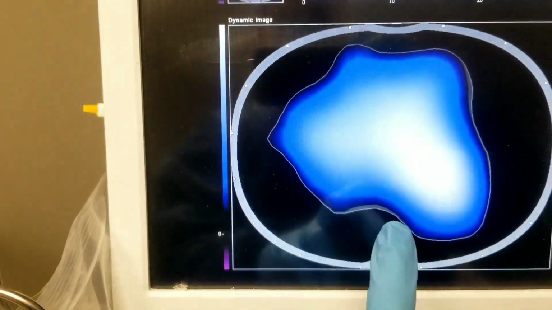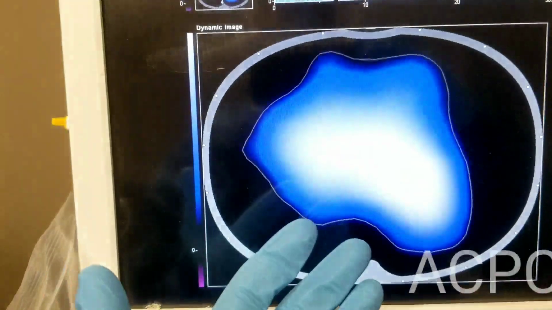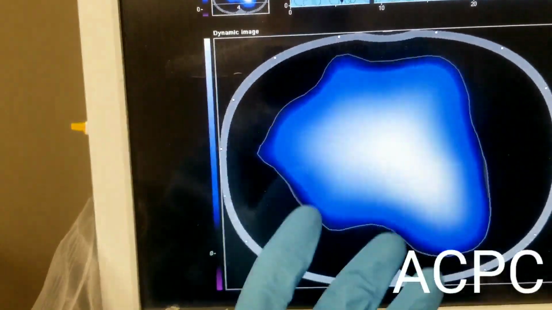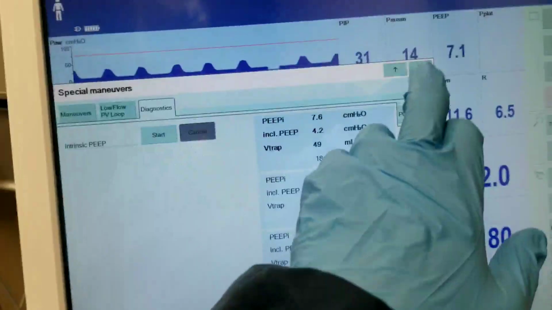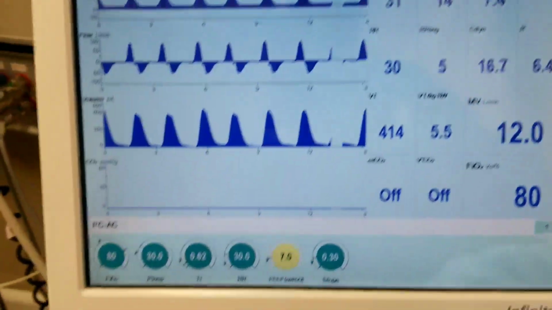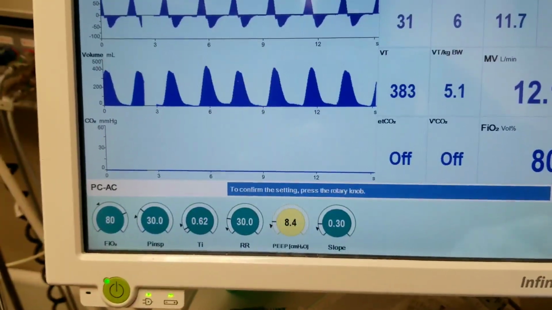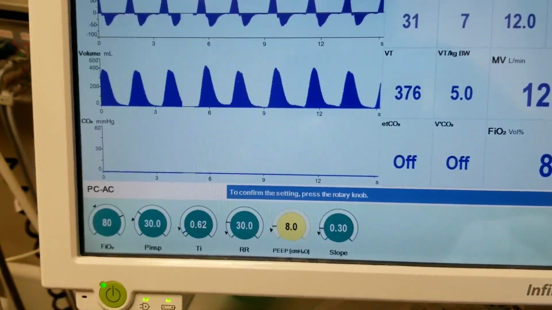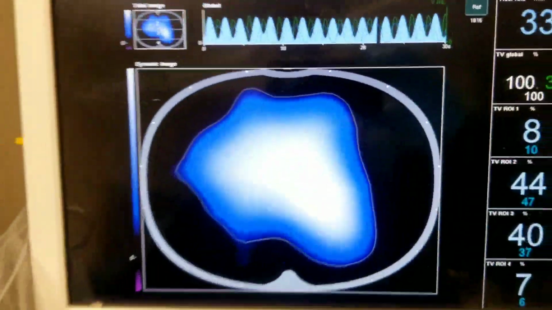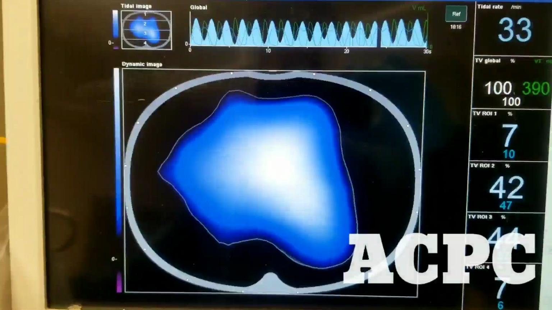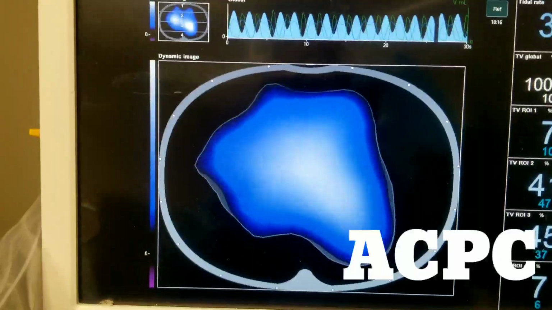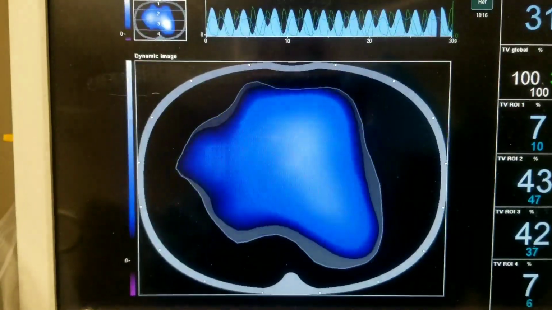So it's just obvious when you look at the tomography which one is keeping the lung more stable. Let's just try and put this up here. Even, let's say to 8. You see? Now let's go back to APRV.